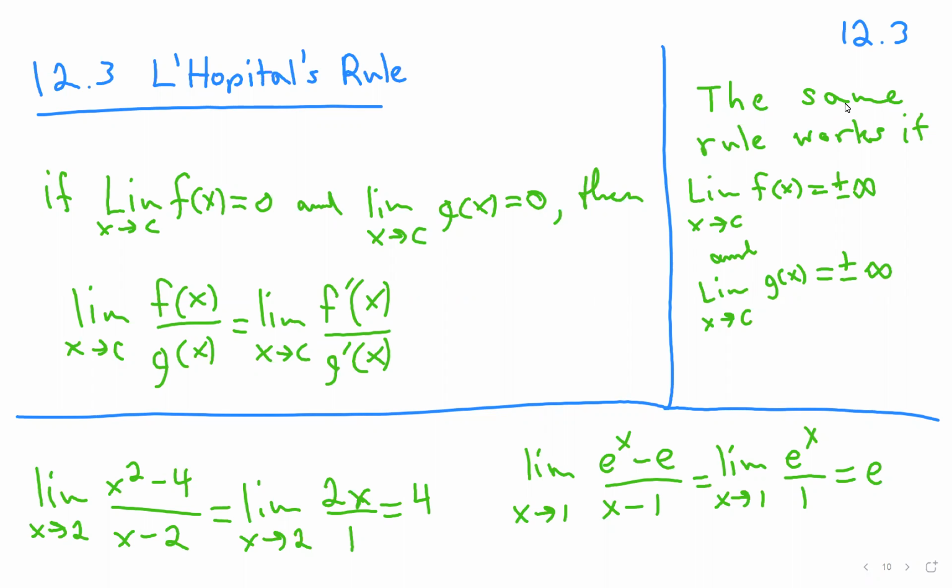A good example of that is having the limit as x goes to c of f of x equals 0 and the limit as x goes to c of g of x equals 0, when you're trying to find the limit as x goes to c of f of x over g of x. That would give you a limit of 0 over 0 if you tried to evaluate them separately. In that case, you can't actually take the limit without doing a little bit of manipulation to the function.